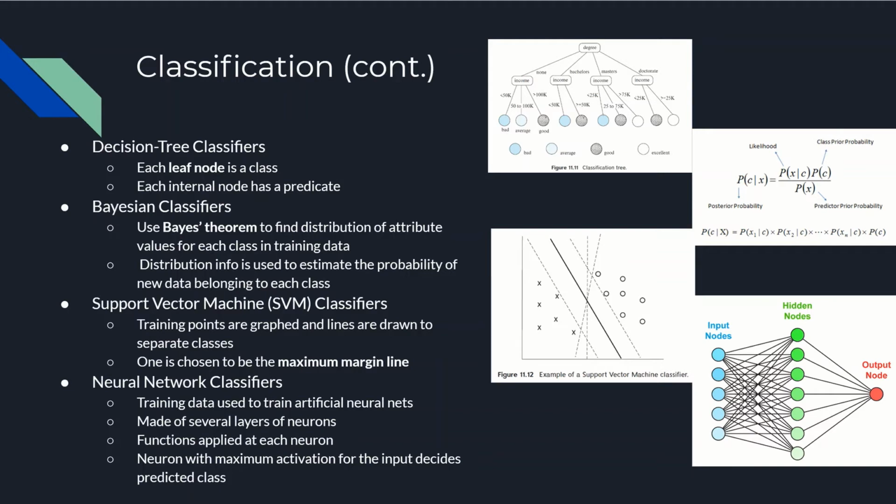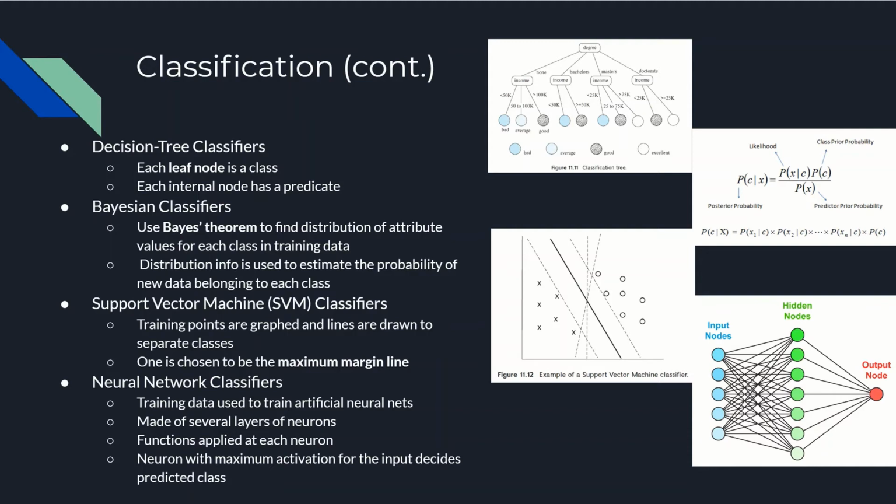Training points are graphed, then lines are drawn to separate one class from another. As you can see in the graph, second one on the left side, all the X's are on one side, O's are on another, and there are different lines going in different directions. And all 5 of those lines separate the classes.